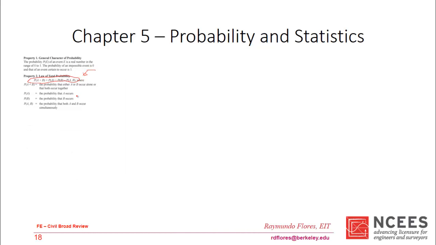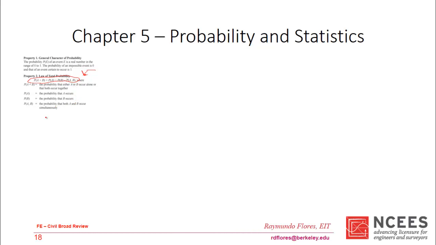In this case, we care a lot about the probability that either of two events is going to occur. That's why you have to subtract out the intersection.